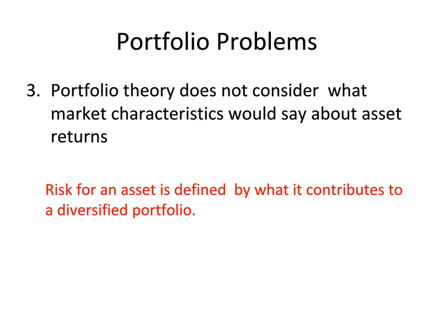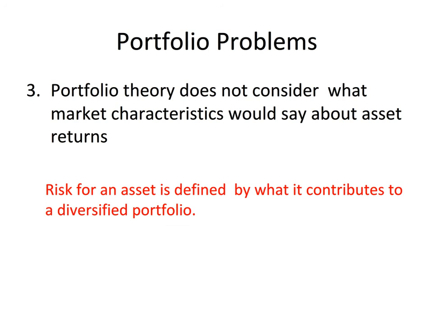A third problem with portfolio theory, and this is more a realization of the shortcoming of portfolio theory, or not incorporating all the information you have when you conduct portfolio analysis, is that portfolio theory does not consider what market characteristics would say about asset returns.